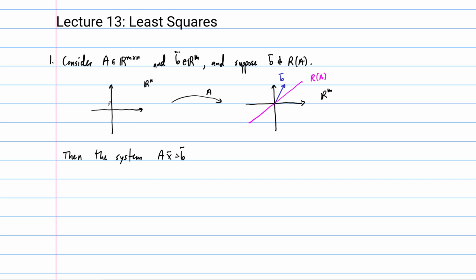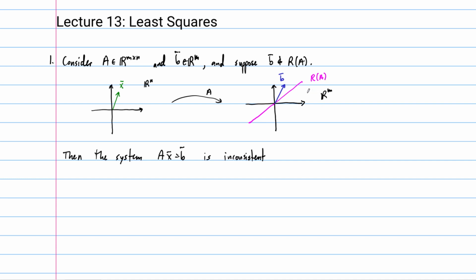Because any x that comes from this domain space over here, any x in Rn, is going to be mapped by A to a vector in Rm that lives in the image space, right? It has to be in the image space. So our system is then inconsistent, has no solution, right? If we try to solve this system of equations, Ax equals B, we will not find a solution. B is not in the column space of A, which is the image space of A, right?